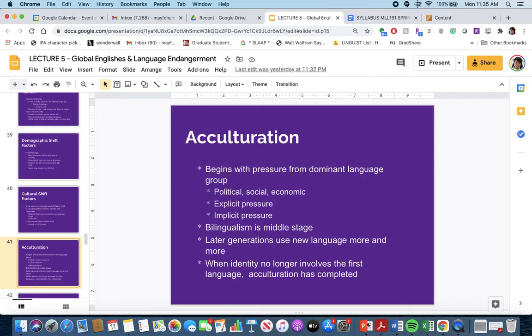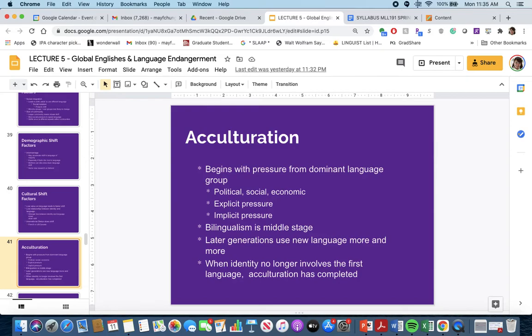Bilingualism could be a middle stage where you could learn another language and be slowly acculturated to it. Later generations use the new language more and more, but when the identity is no longer involved in the first language, acculturation has been completed.